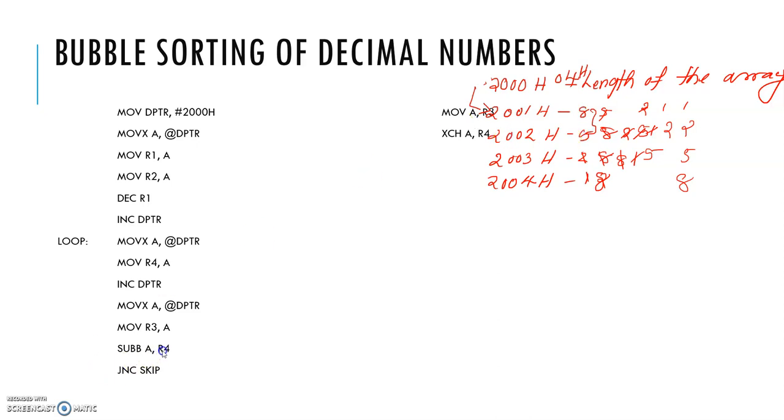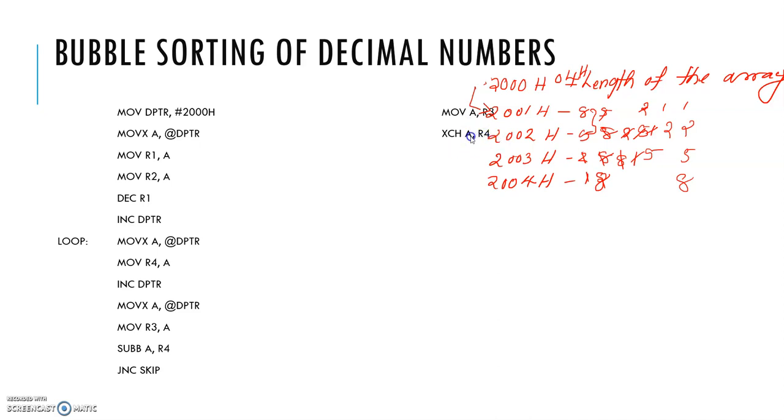After subtraction, the content of accumulator register is changed, because 5 minus 8 gives minus 3 as the answer in accumulator register. So the accumulator register is replaced with the second number, that is 5. The 5 that we placed in R3 is copied to accumulator register, and we exchange the number.